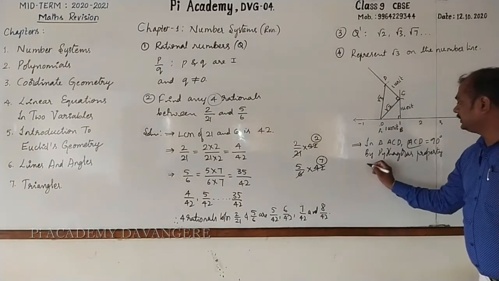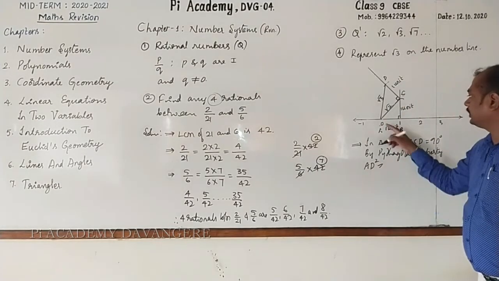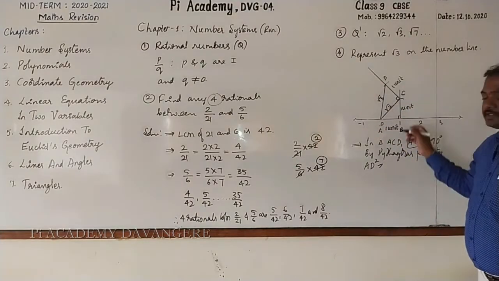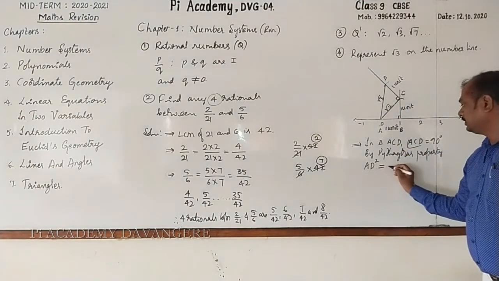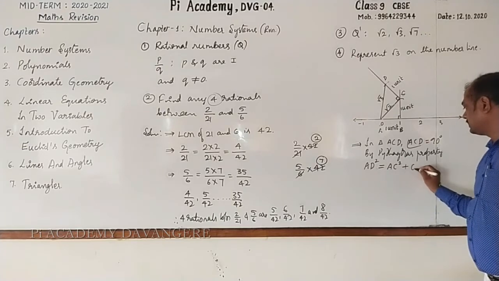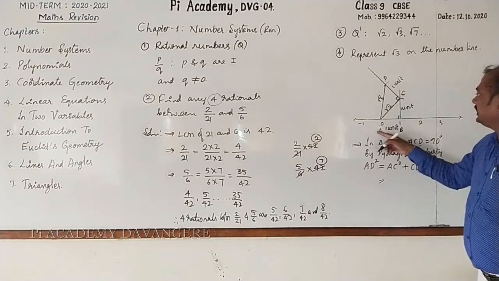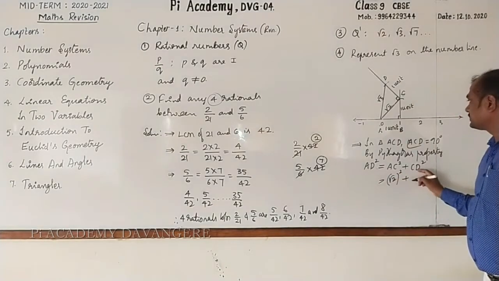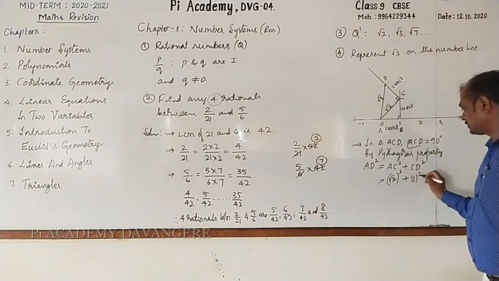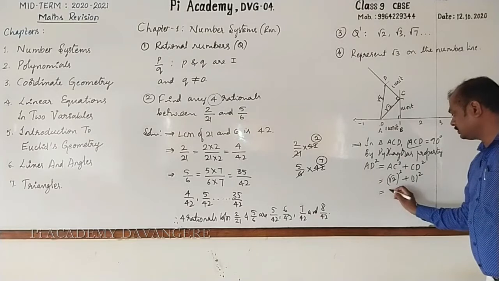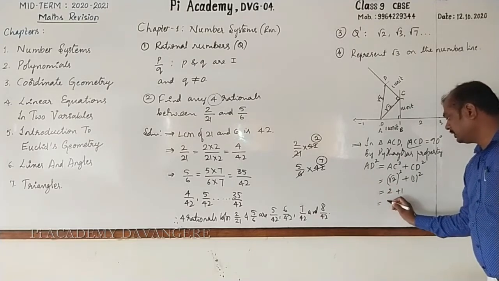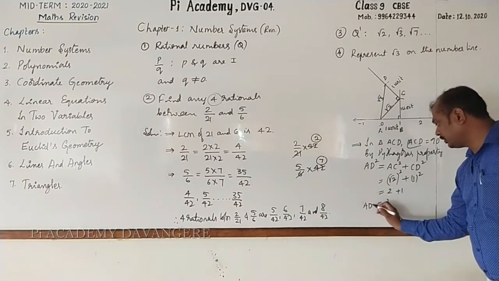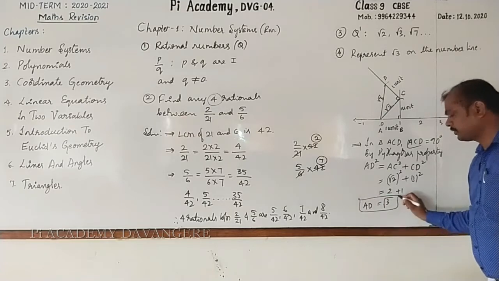Very good. AD square is equal to AC square plus CD square. What is AC? AC is root 2, plus CD, it is 1 unit. Root 2 whole square is 2, 1 square is 1. This is 3. AD equals root 3.